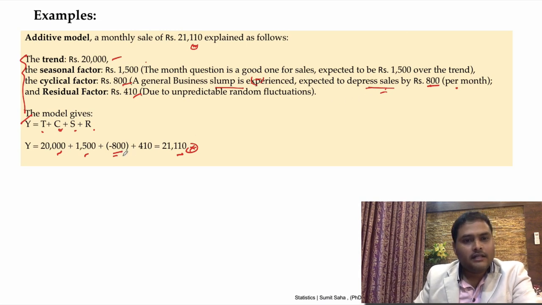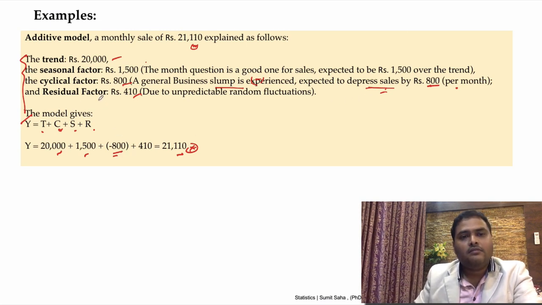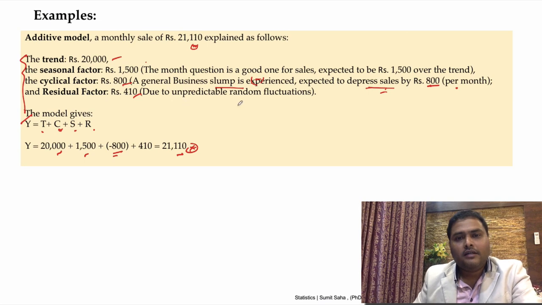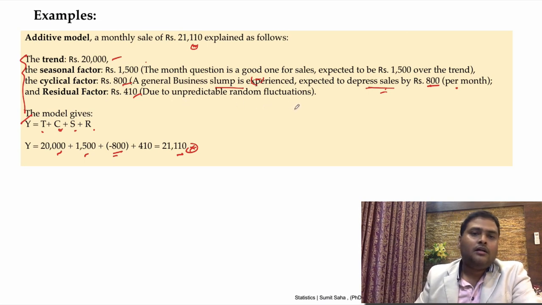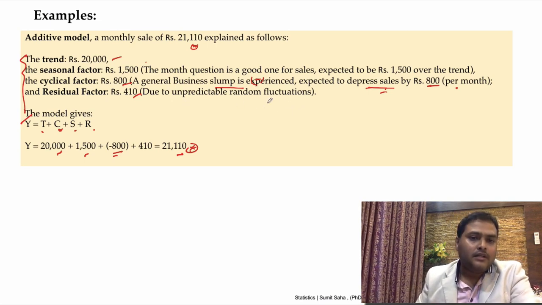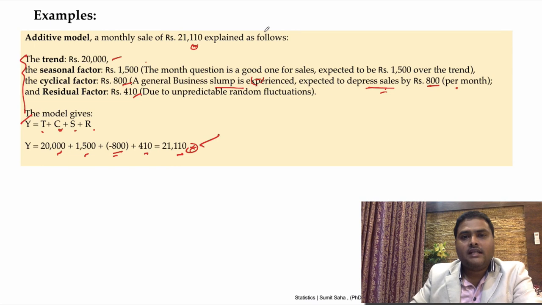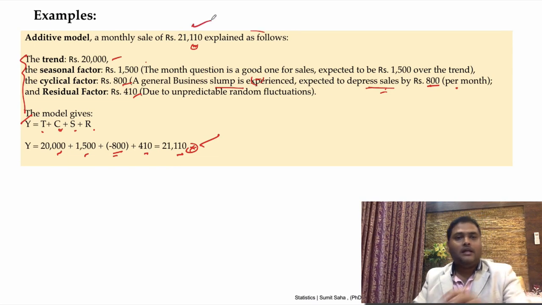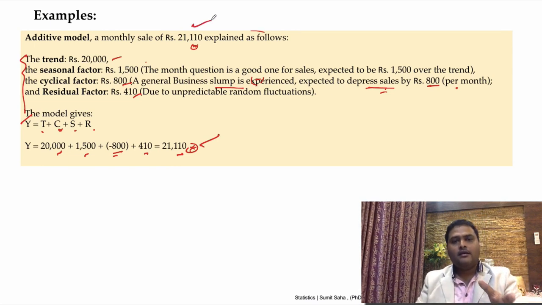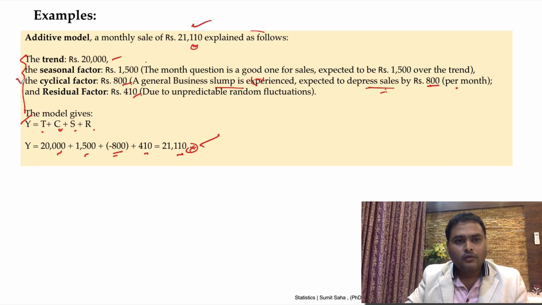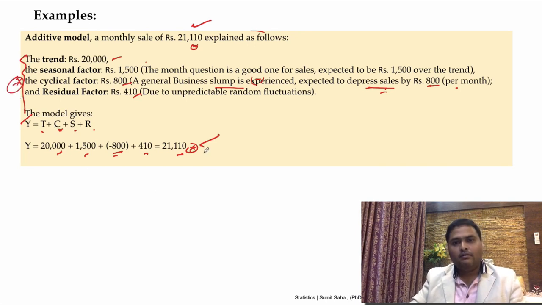So I am writing minus 800. And because of the residual factor, due to unpredictable random fluctuation, you are incurring 410 rupees for that. So this is 410. So the total, if you do it, is coming to 21,110, which is the given figure. So as per the additive model, if we apply it to this particular problem, we are getting the right value, which is rupees 21,110.